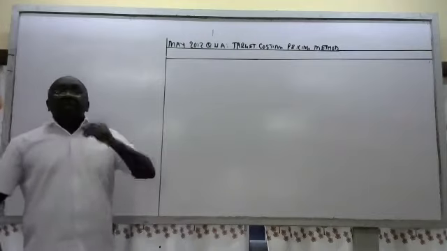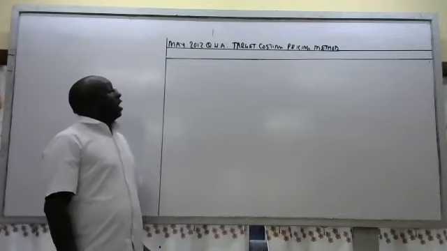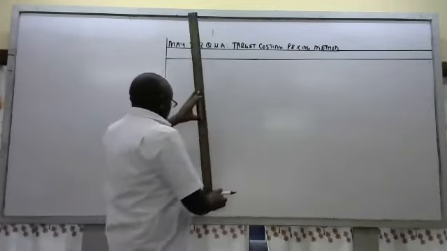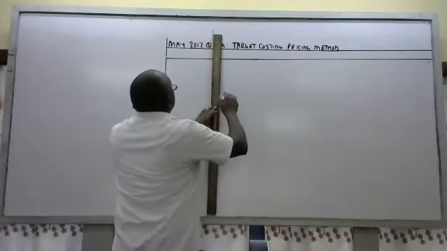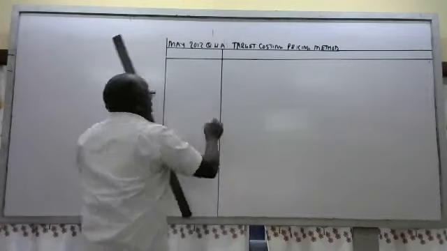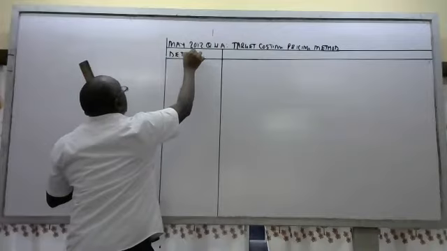We are going to have a table that will have 4 columns, and the columns will be of different sizes. The first one here is called details.